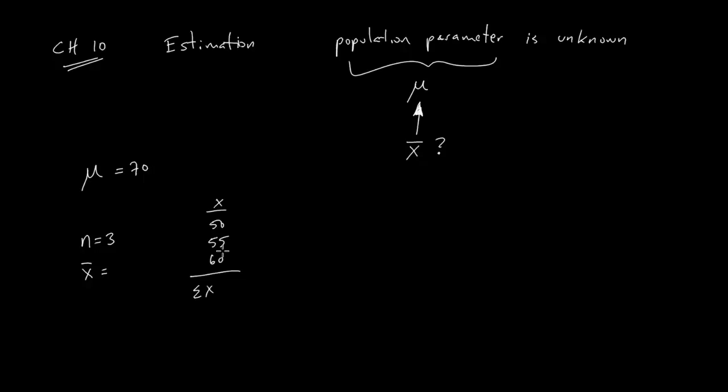Let's see, 50 plus 55 plus 60 gives me 165. That's my total. And because there's 3 of them here, if I want to find my sample mean, I would have to use this formula. So this is 165 divided by 3, and that's going to give me 55.